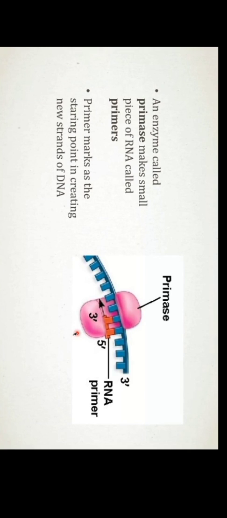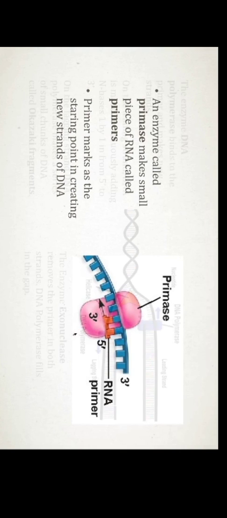If the replication fork has no primer, your DNA polymerase enzyme will not be able to make new strands of DNA. That is why primase is essential, creating primers so that DNA polymerase can make new strands of DNA.